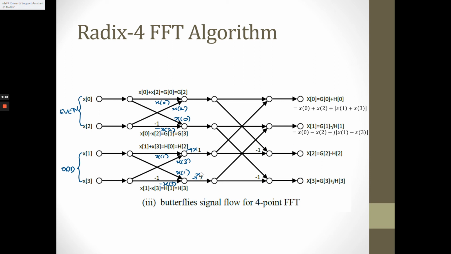This negative j is multiplied with x1 minus x3 at this point, so this line is for the even function, plus this function multiplied with negative j from this line, so we have this one as the odd function based on the twiddle factor. The next one is for x2.